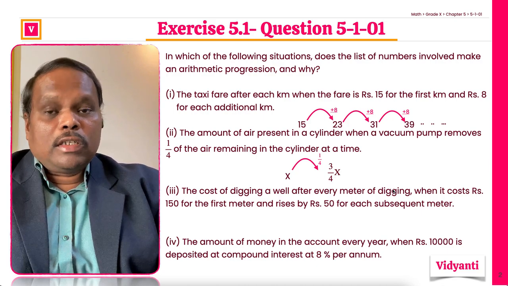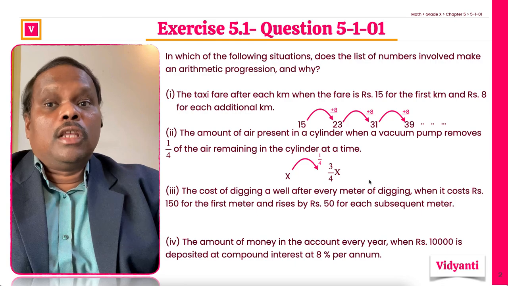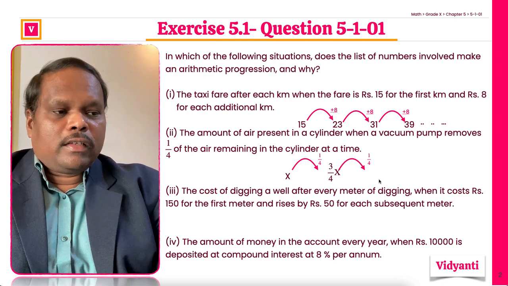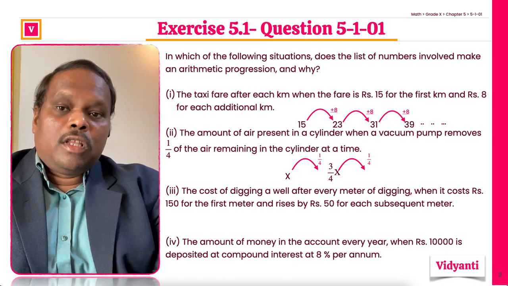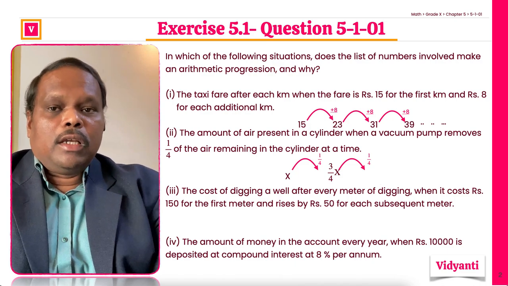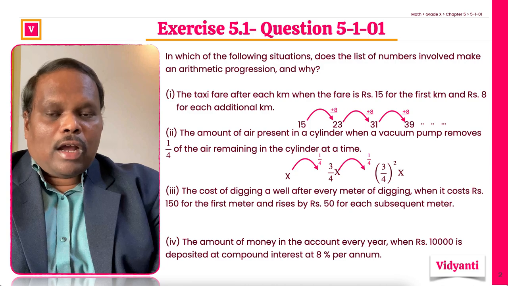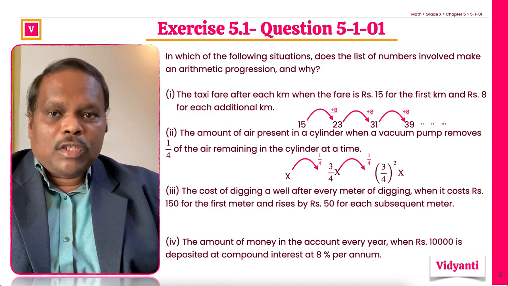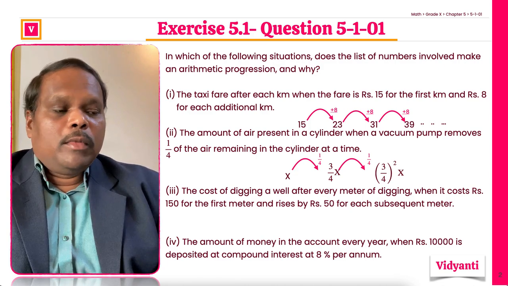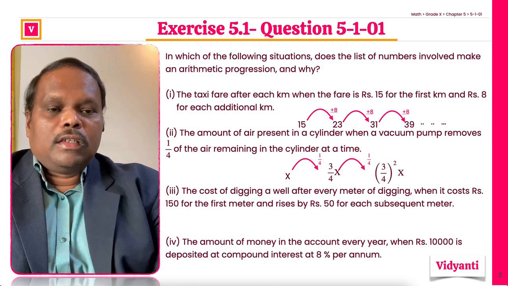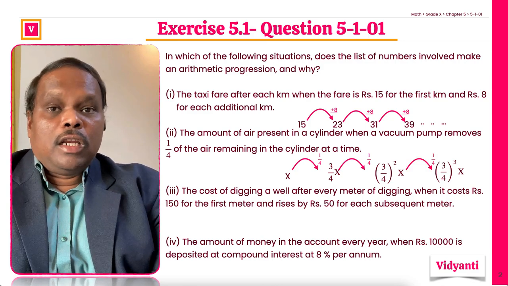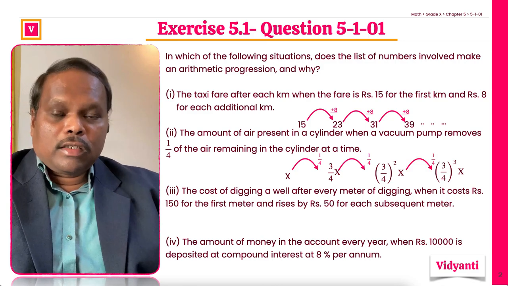Or in other words, 3/4 of 3/4 x will be retained. So eventually, after 2 units have elapsed, the air remaining will be (3/4) squared times x. And with this logic, 3/4 of (3/4) squared x will be retained.